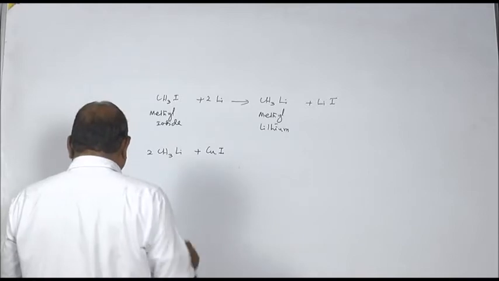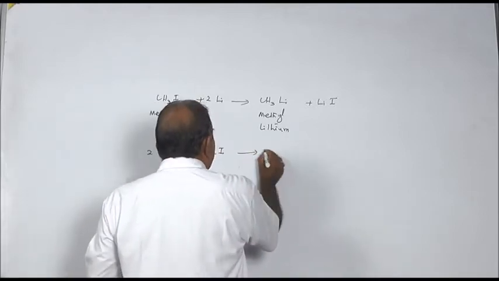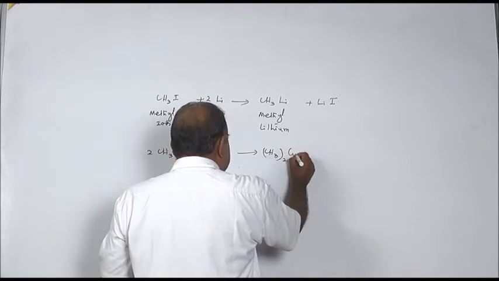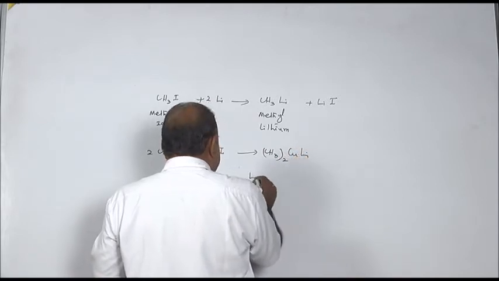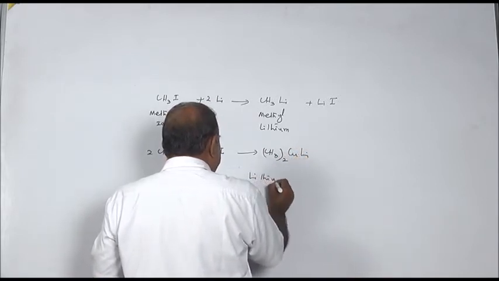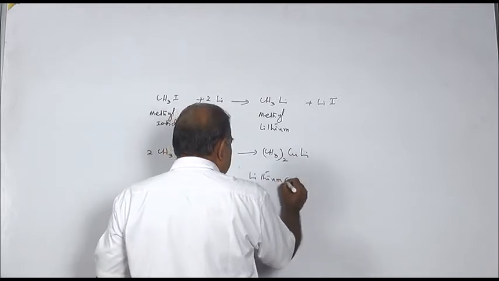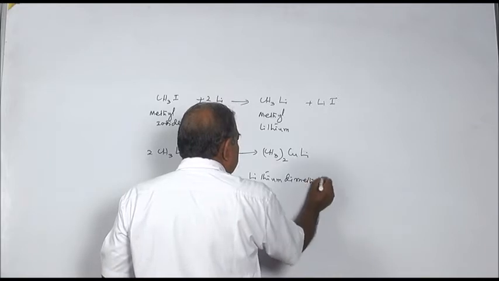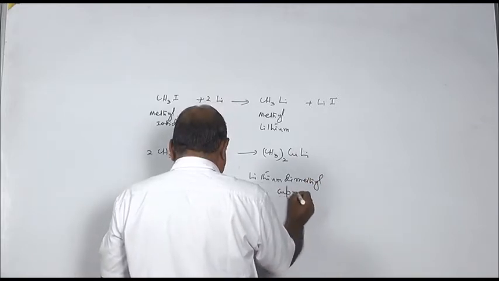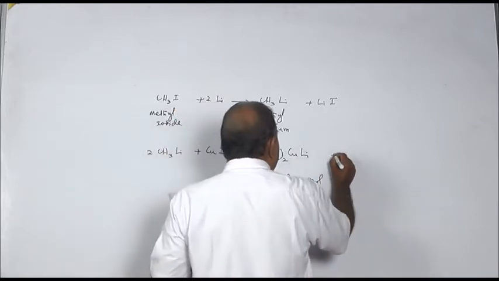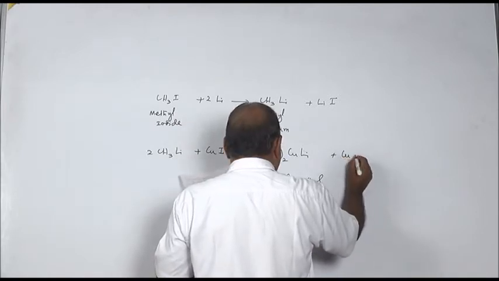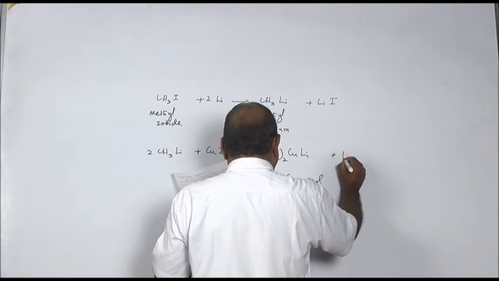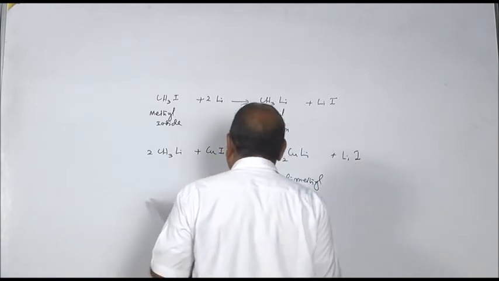Here I have taken two molecules. It will form (CH3)2CuLi, whose name is lithium dimethyl cuprite, and you get lithium iodide.